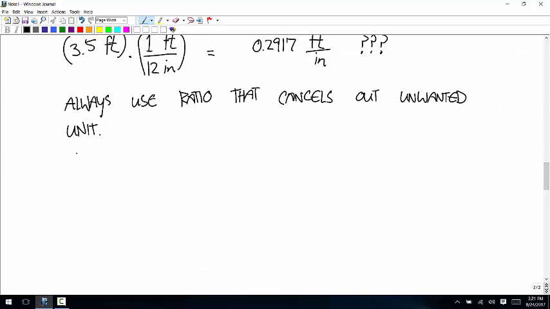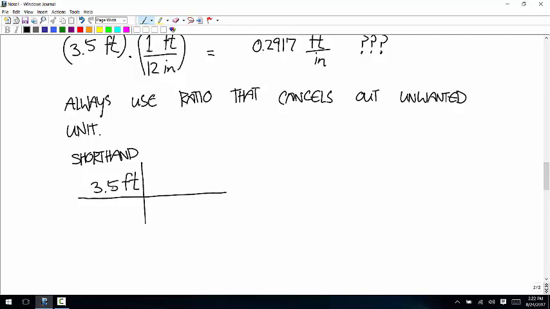So starting now, I'm going to use this shorthand approach. Instead of writing things out with the parentheses, I'm going to write it like this. So here's what we start with, 3.5 feet. And I'm going to write the whole thing as a fraction. And instead of parentheses, I'm going to just use vertical lines to say where the parentheses would be placed.